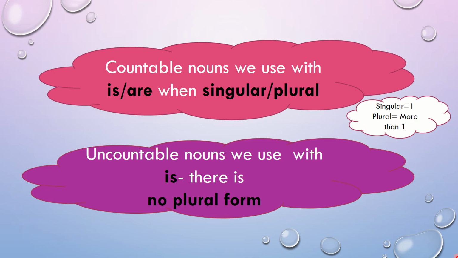Let's remember, countable nouns we use with is or are when singular or plural. Singular means 1. Plural means more than 1. Uncountable nouns we use with is. There is no plural form.